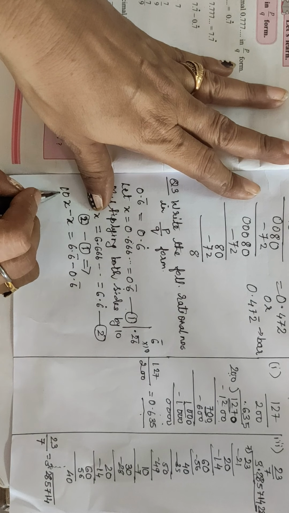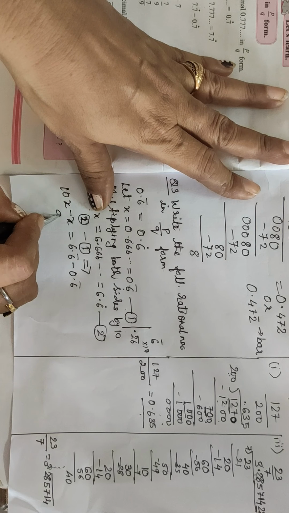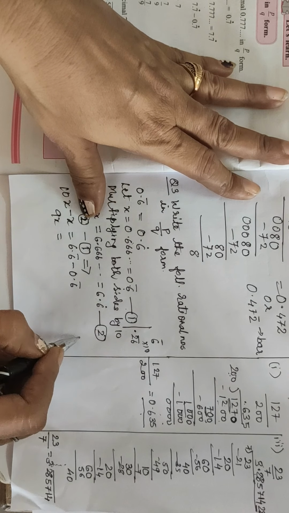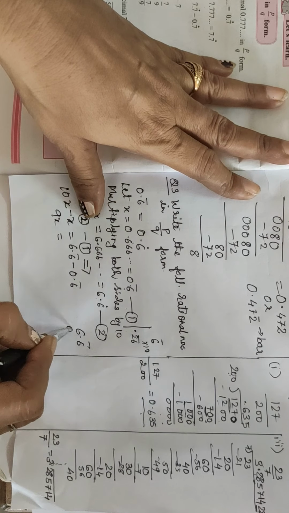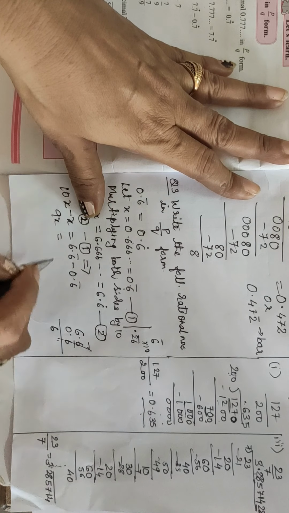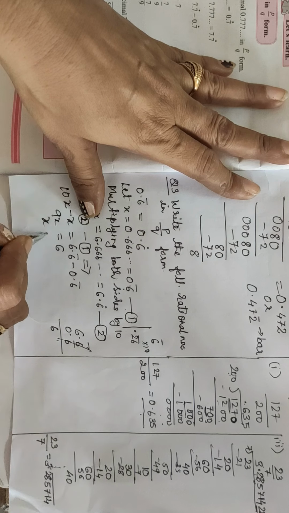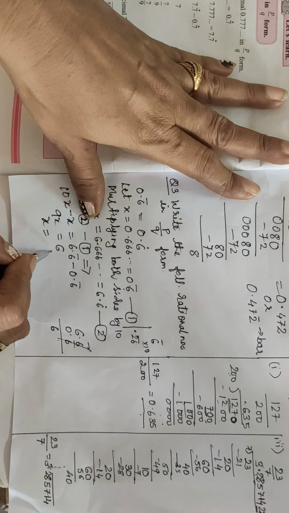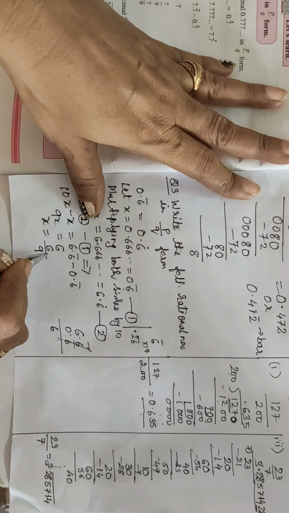Now you know children, 10x minus x is what? 9x. And 6.6 bar minus 0.6 bar, let's do the rough work. This will be 0, and here what is left? 6. So now x is equal to, you know this is an equation, 6 by 9. Now simplify.